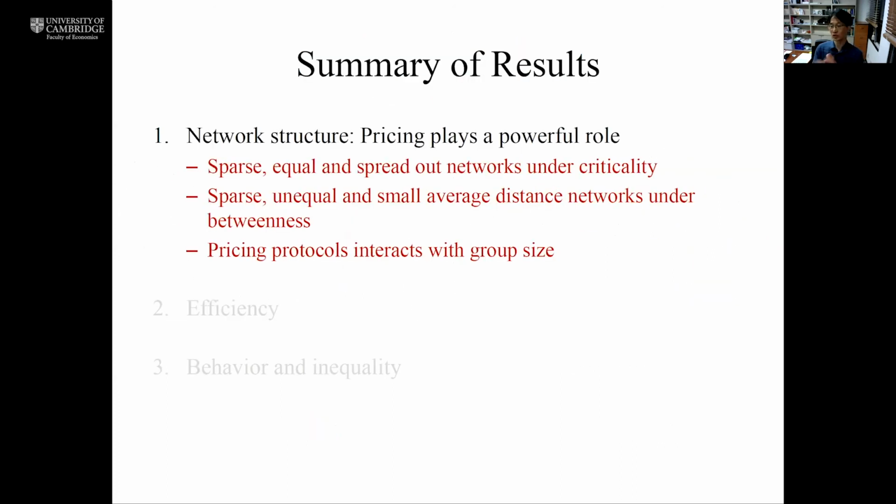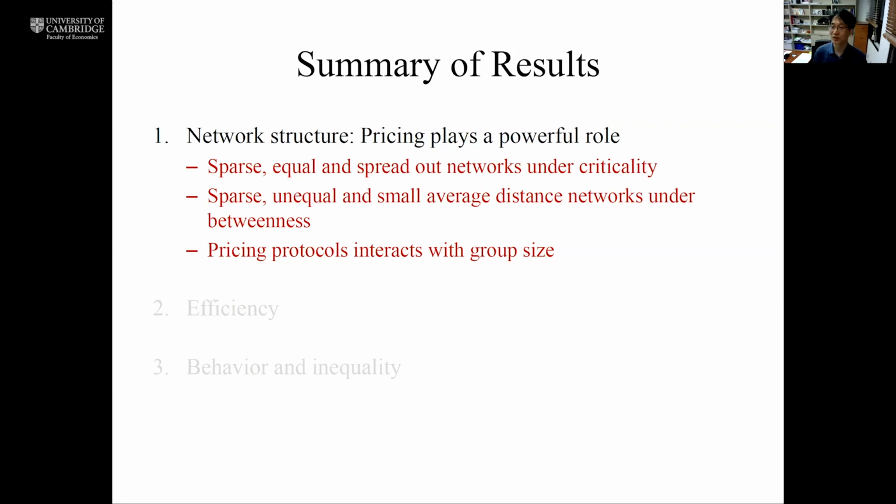So we conclude that in terms of network structure, the pricing protocol plays an important role, in the sense that under both pricing protocols networks are sparse. However, under criticality it is a very spread-out network, while under betweenness it is a very unequal network with small average distance.